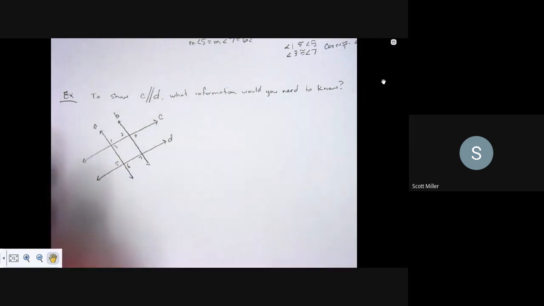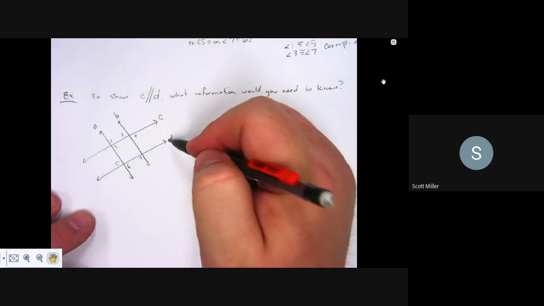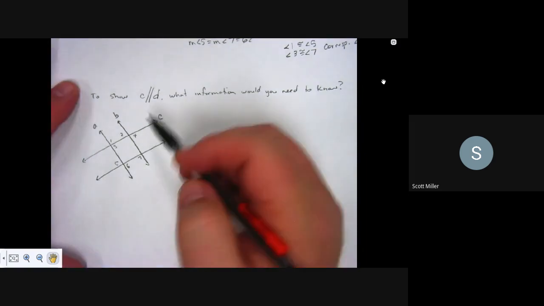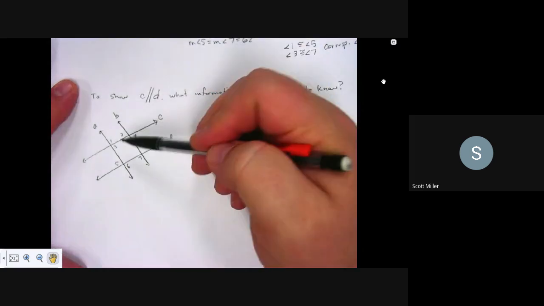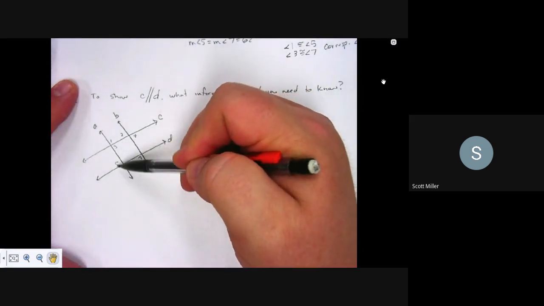What information do I need to know to show that these two lines are going to be parallel? What must be true for that to occur? So we look at this and we try to find the relationships. You look for things that relate C and D together. For example, if I look closely here, I can see that 3 and 5 are alternate interior angles.